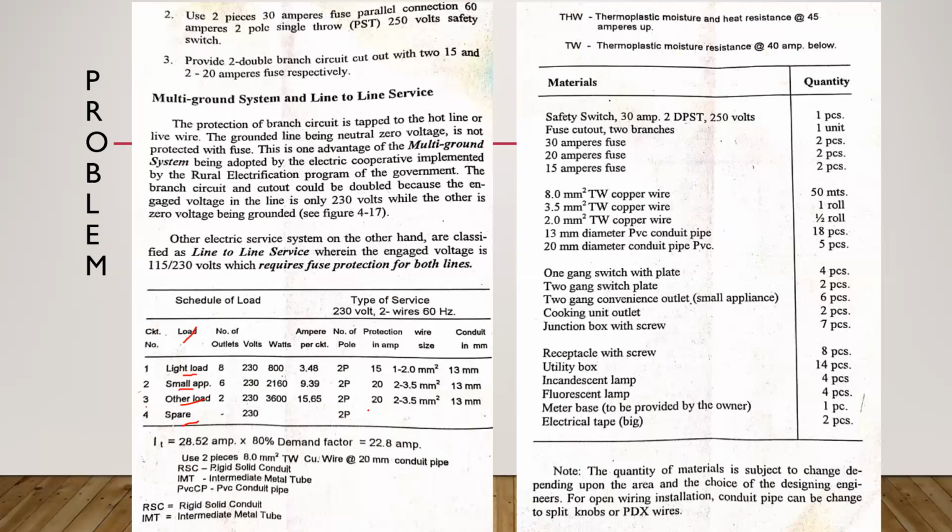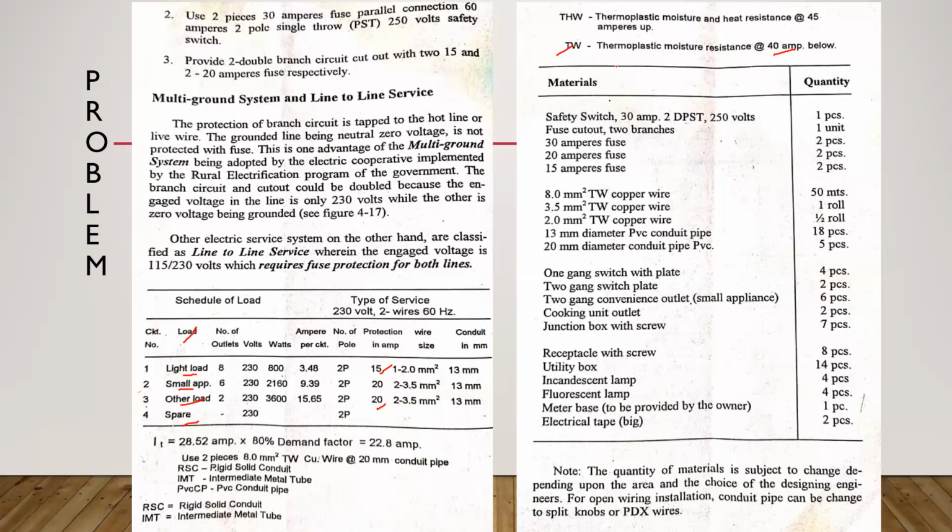And then pasok siya, minimum ito siya ha. So kumbaga economical price. TW yung nagagamit na type of wire. And then pasok siya kasi minimum at 40 amperes below. So yung ating mga amperes lang is nasa 20 and 15.